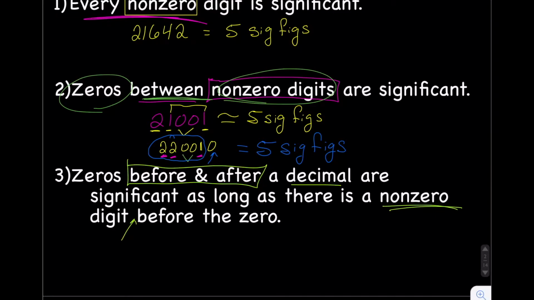If it's somewhere before the 0, then zeros are significant. So let's use our same example. So we have 2, 0, 2, 2, 0, 0, 1, 0, 0.0.